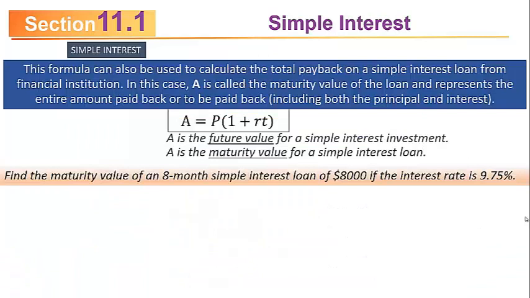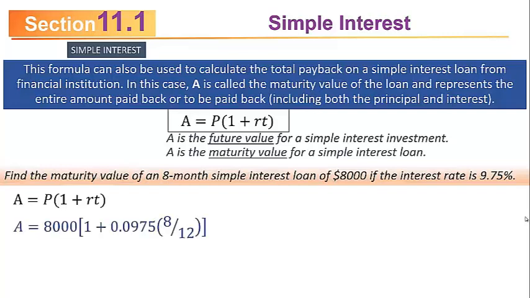How about this? Find the maturity value of an 8-month simple interest loan of $8,000 if the interest rate is 9.75%. Again, I want the maturity value, so I use the formula A is equal to P times the sum of 1 plus RT, and I plug in all the values. The principal is $8,000. The interest rate is 9.75%. If you move the decimal 2 places to the left, you get 0.0975.